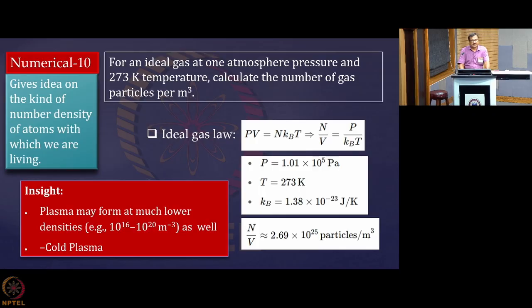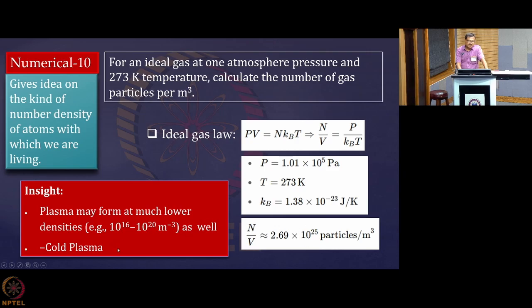which we are living. So you may encounter this arc plasma, which occurs at atmospheric pressure, which is a thermal plasma. There you can achieve a density of the order of 10 to the 24 as well. Okay. So, if you are able to fully ionize the particles in the thermal plasma regime, then you may reach a density which is very close to that.